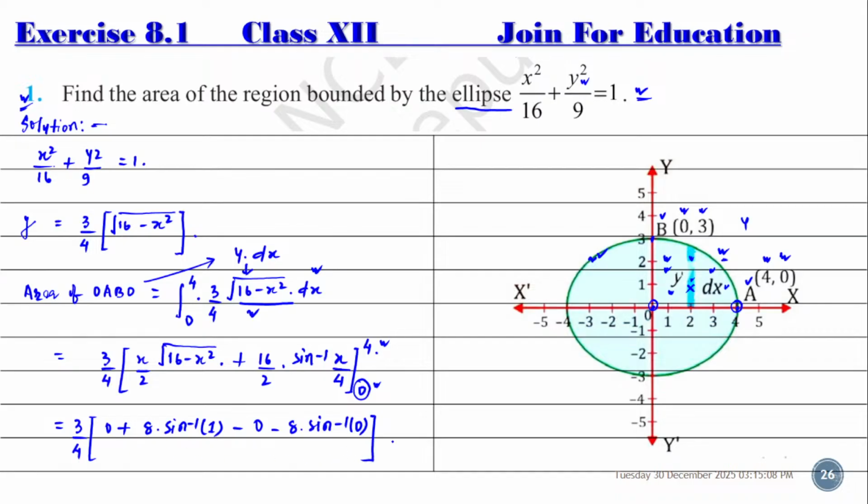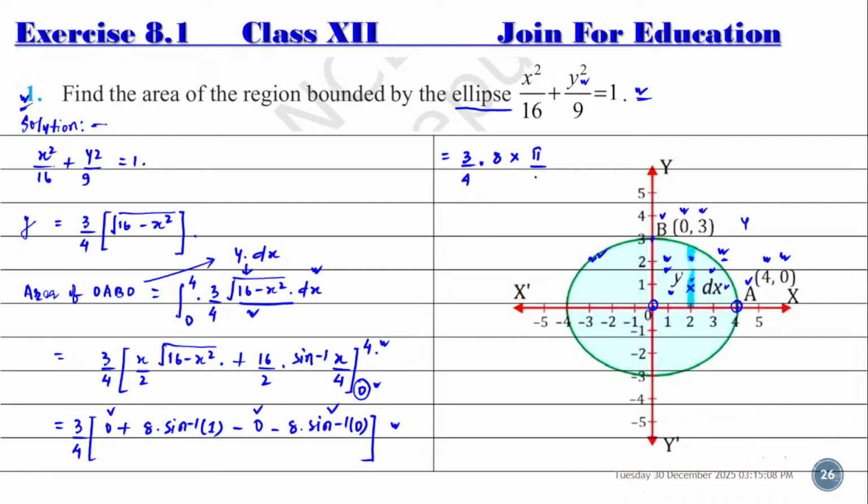There is no problem to understand up to this step. So this term will be 0, this is 0, this is 0, then we have only this one. So we write down here equal to 3/4 into 8 into the value of sine inverse 1, which is pi/2.